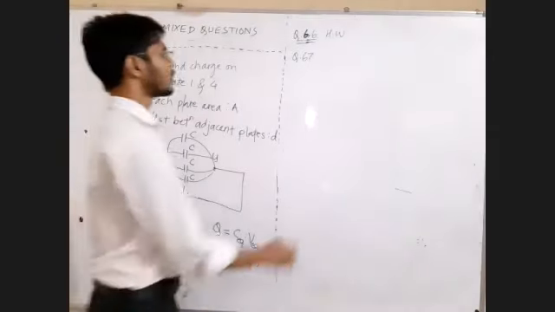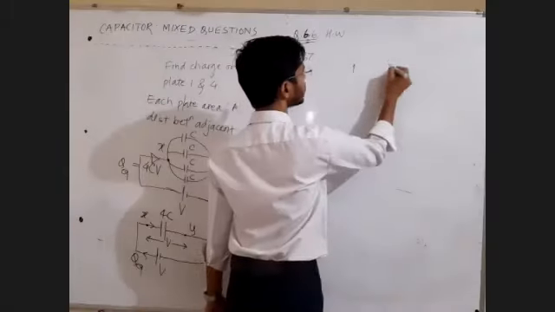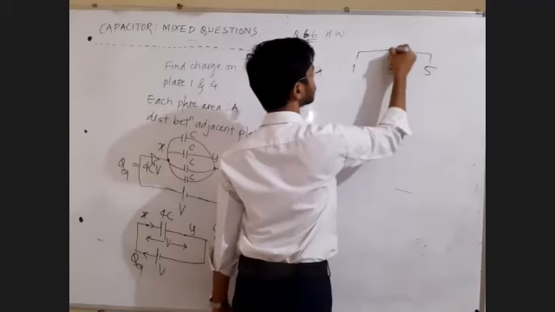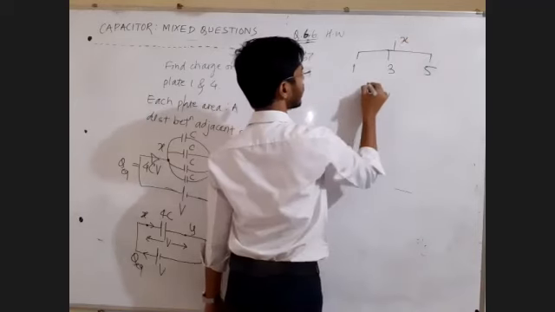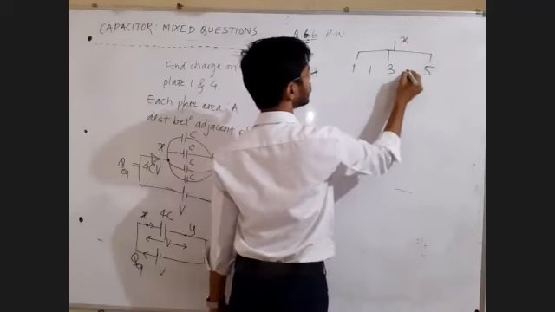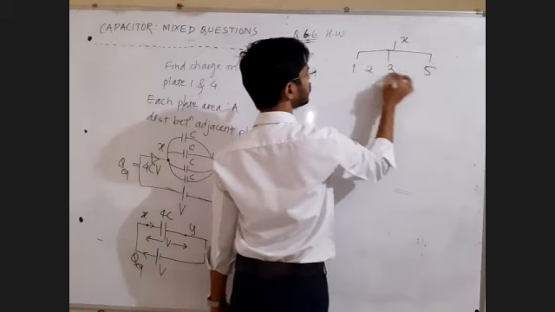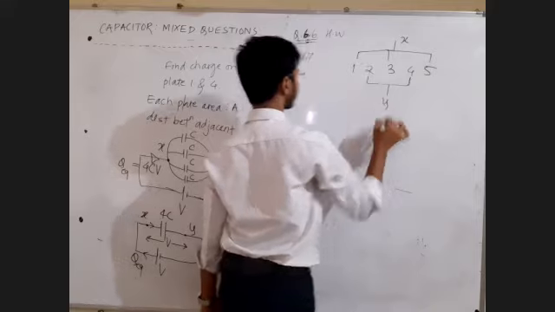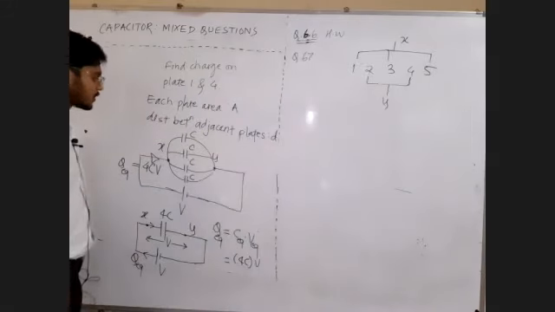Now plate numbers 1, 3 and 5 were point X, and plates 2 and 4 were point Y. Okay, fine sir.